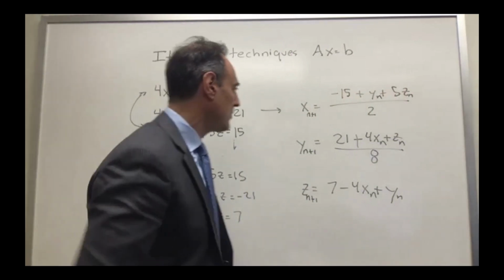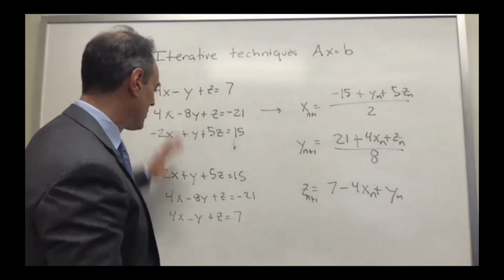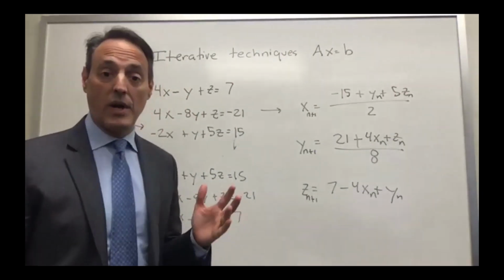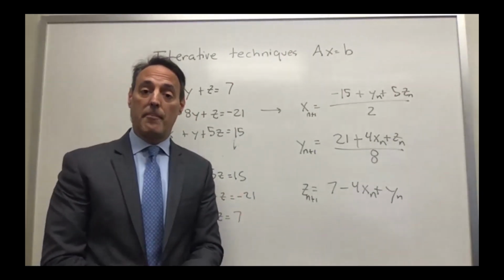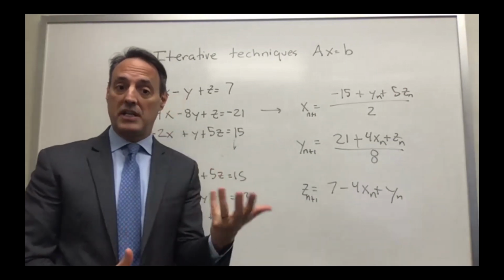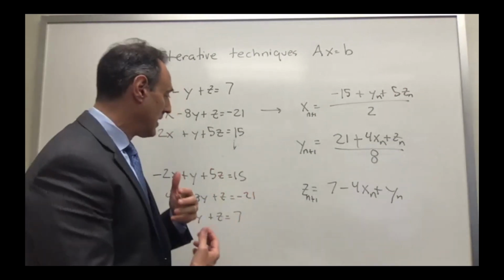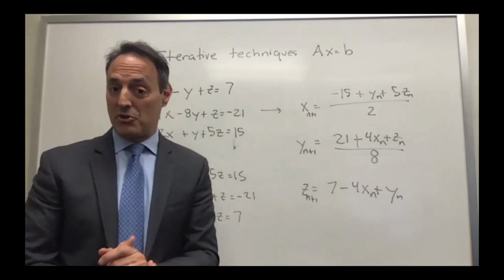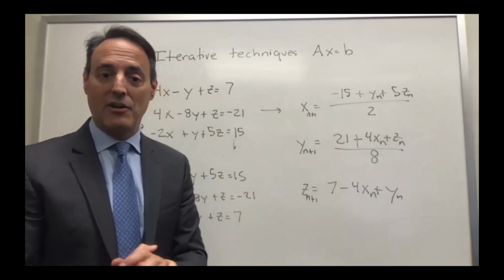Okay, so let's talk about the difference between these two sets of equations. It's going to highlight a really important part of iterative schemes, which has to do with the diagonal of a matrix.